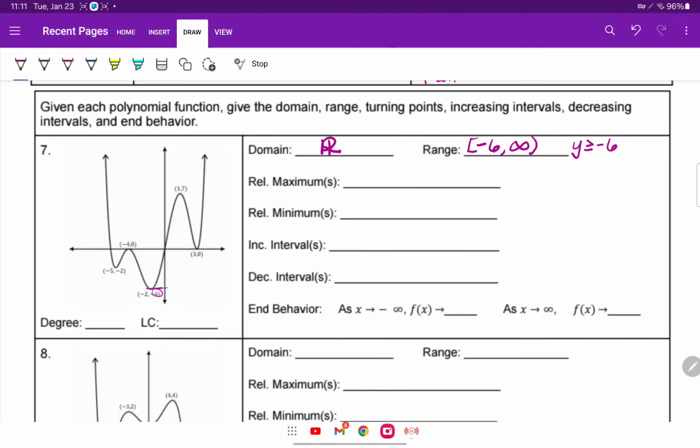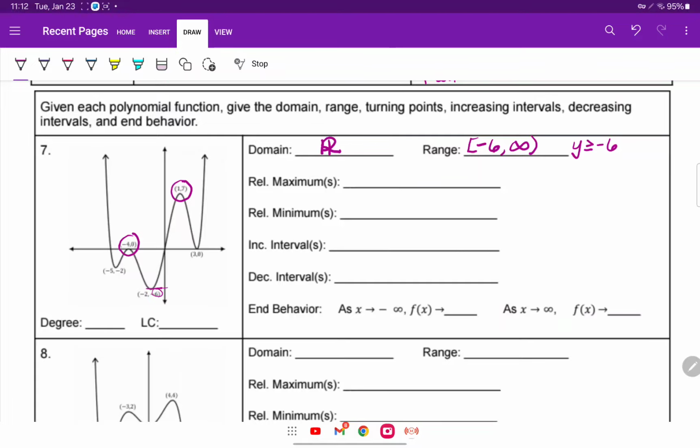Now, relative maximums. These would be high points in the surrounding area of certain points. So this is considered a high point, and this is considered a high point. So you have two relative maximums at -4, 0. Actually, let me take that back.